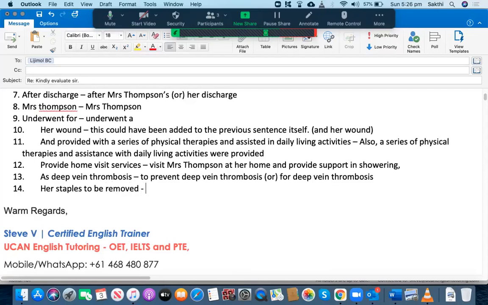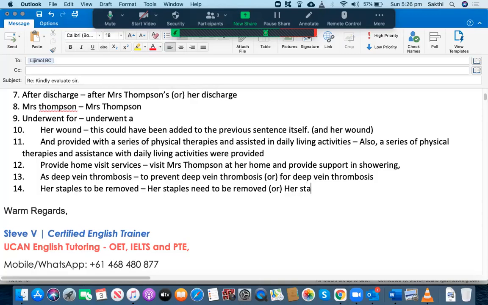Where is the verb? You should have mentioned: hair staples need to be removed, or you can say hair staples are scheduled to be removed.